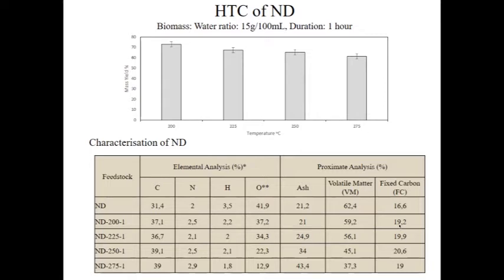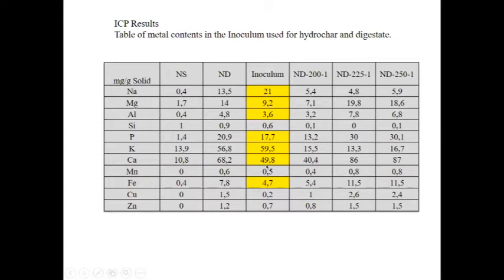You can see here the inoculum that was used to ferment the Narlısaray. The ICP analysis of Narlısaray dry digestate, Narlısaray dry digestate hydrochar, and the inoculum is given in that slide.